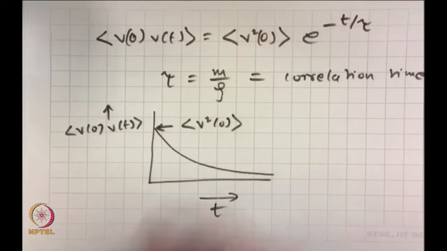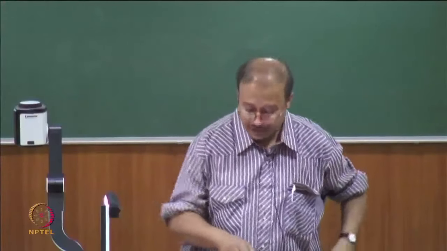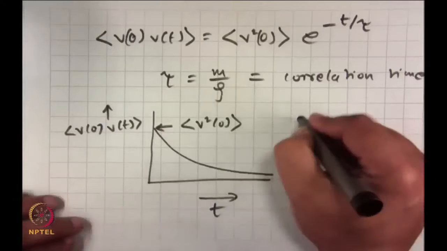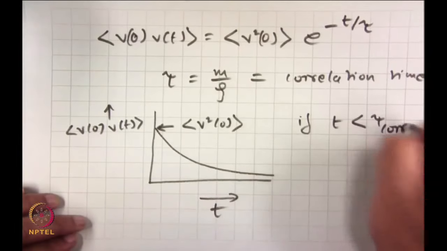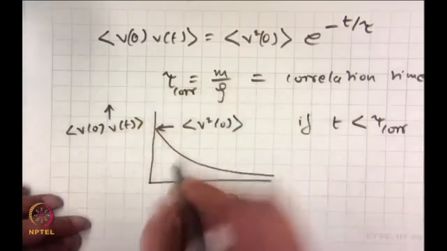Now, it decays as a function of time. What parameter defines its decay? Tau. That is why tau is the correlation time, right. So, what does tau correlation mean?